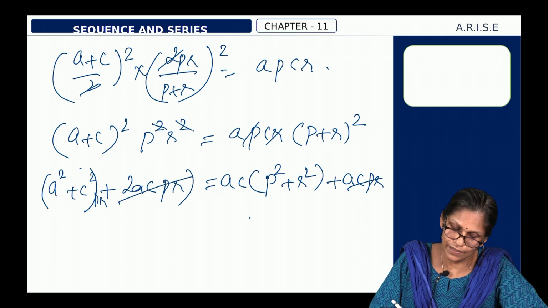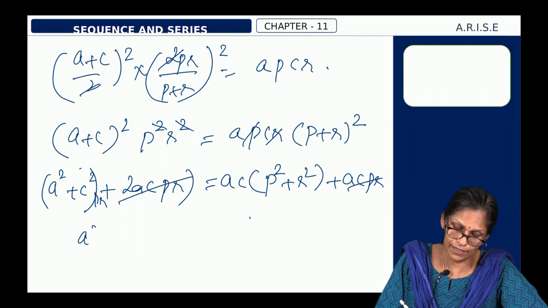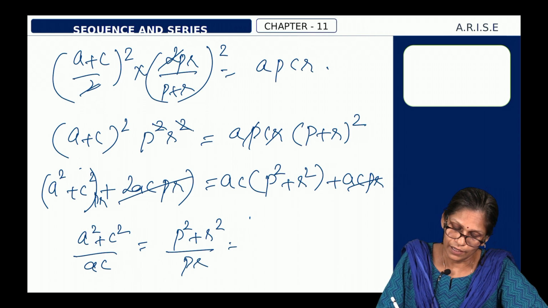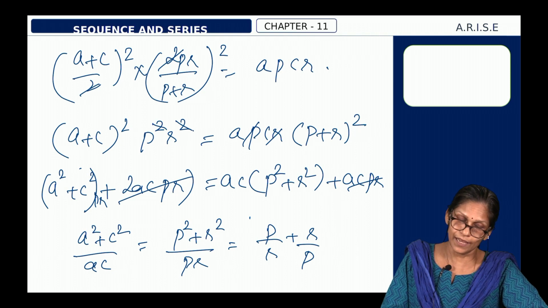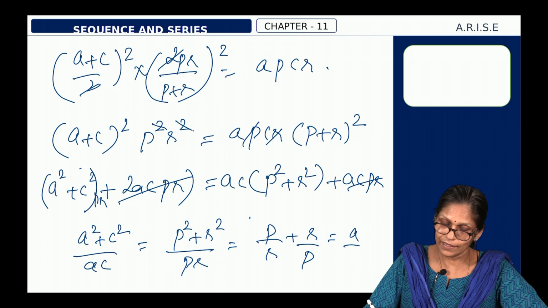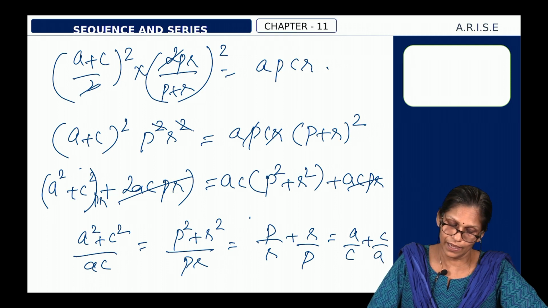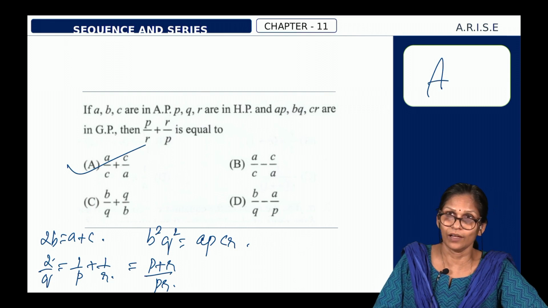So, these will cancel. So, what do you have? You have A squared plus C squared by AC is P squared plus R squared by PR, that is P by R plus R by P, which is your question. A squared plus C squared by AC, which you will write as A by C plus C by A. Option A is your answer.